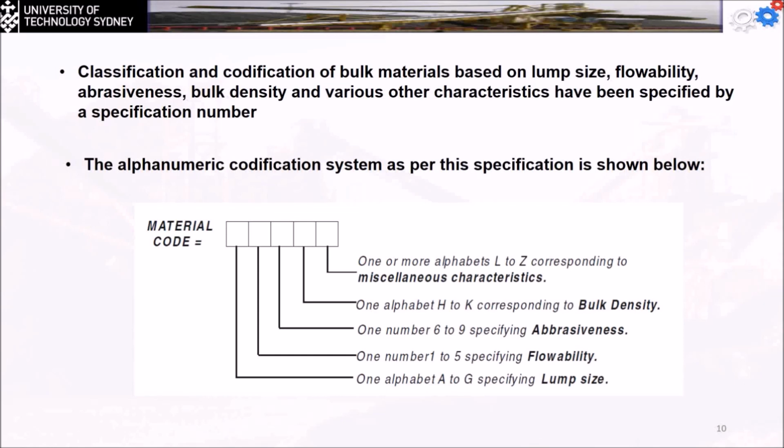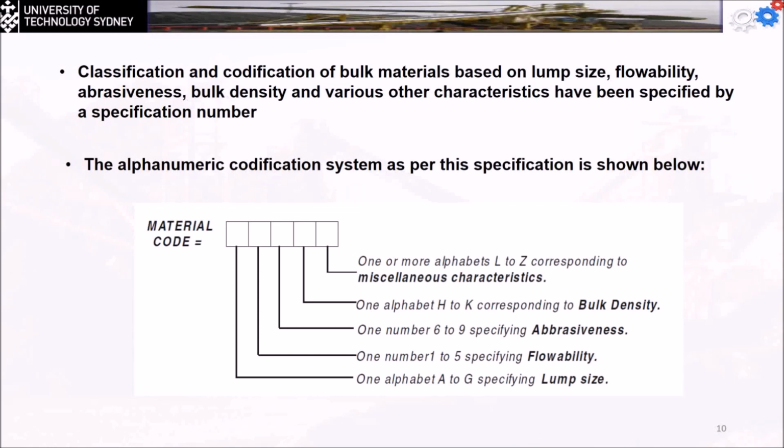It's the same thing: how this material is going to damage your material handling equipment by surface contact.